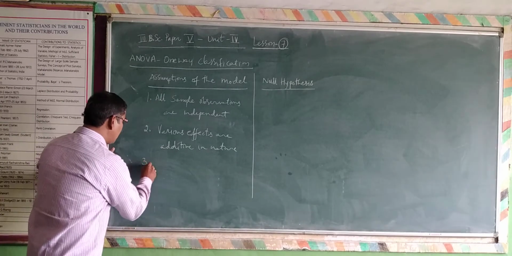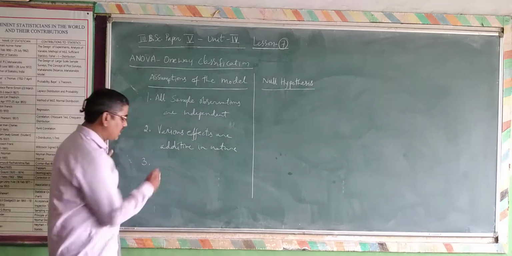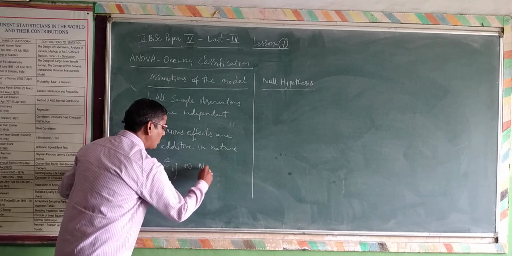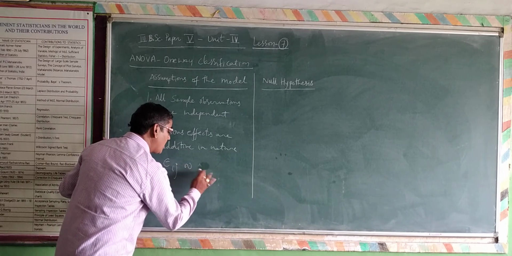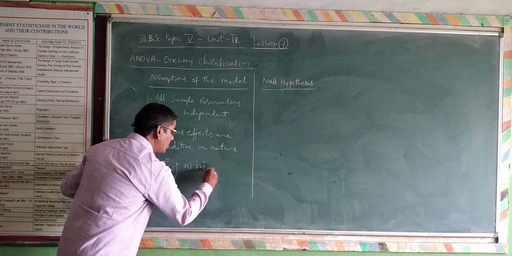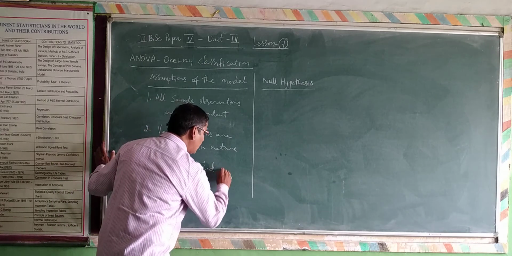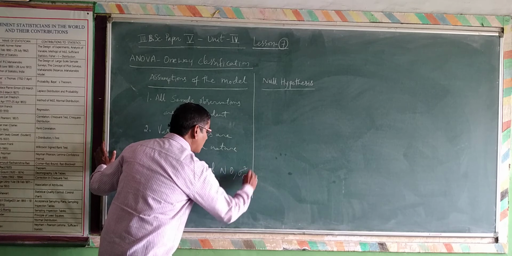And the third point, the error component epsilon ij. Epsilon ij follows a normal distribution, independently and identically distributed, with mean 0 and variance sigma square e.